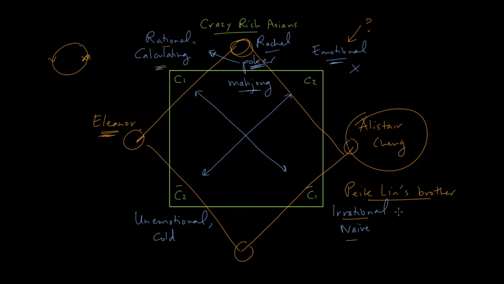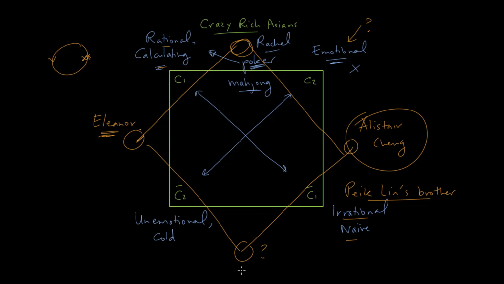And the idea behind this square is that we can see what the culture permits, what is possible here. So for instance, at the bottom of the square, we're not going to find very much. There are very few characters who are entirely unemotional and irrational. That combination just doesn't seem to show up in the film very much.